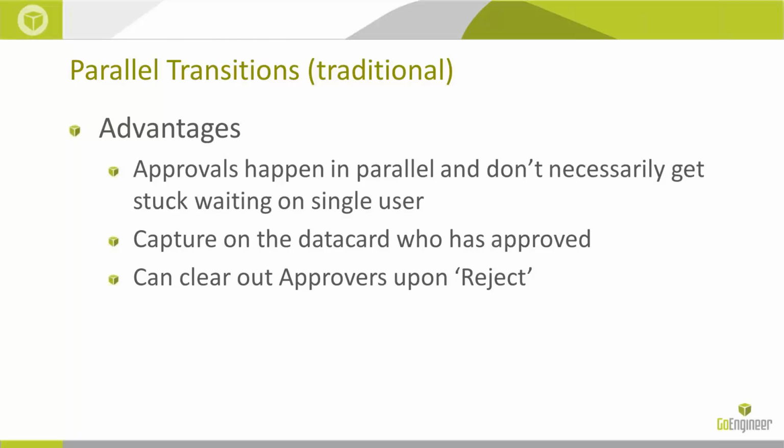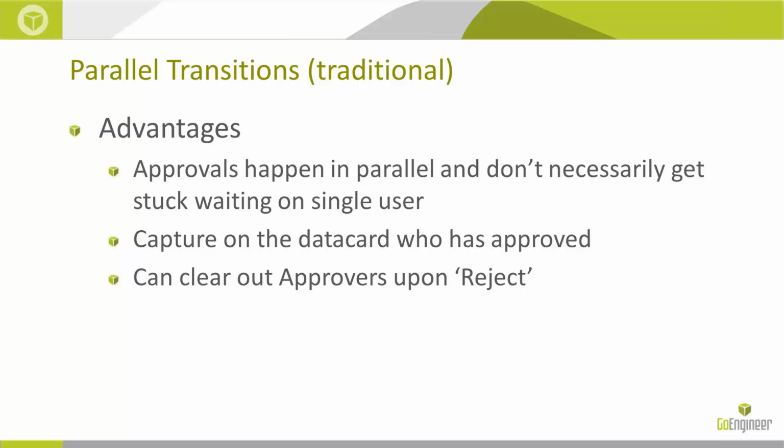So if we look at some of the advantages of this traditional method for doing parallel transitions, approvals, of course, happen in parallel, and we're not stuck waiting on a single user. It's not sitting on manufacturing's desk for 3 days before the next person can proceed with their review.